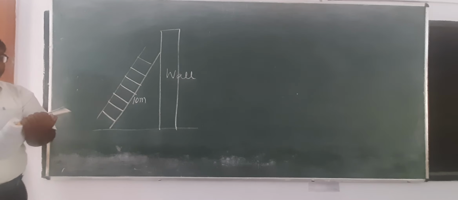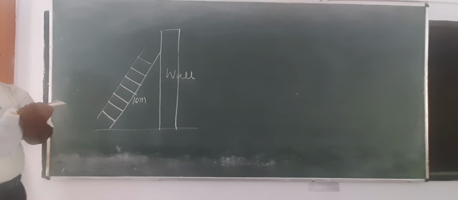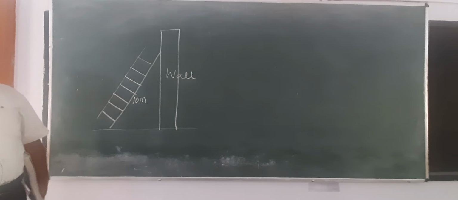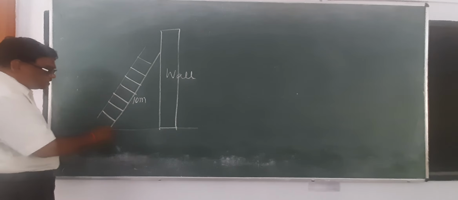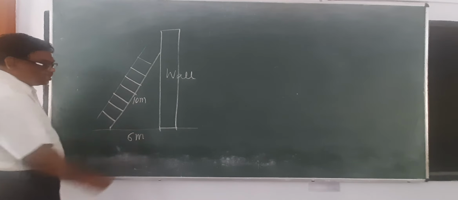So the foot of a 10 meter long ladder leaning against a vertical wall is 6 meter away from the base of the wall. Means the base of the wall is this. उससे कितनी distance पर है? 6 meter. Means this distance is 6.